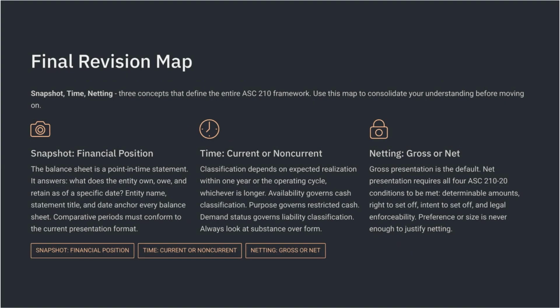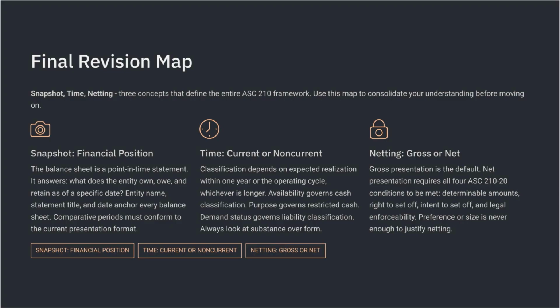Let us now consolidate ASC 210 using the final revision map. Snapshot, Time, Netting. Snapshot means the balance sheet is a point-in-time statement anchored by the entity name, statement title, and reporting date.